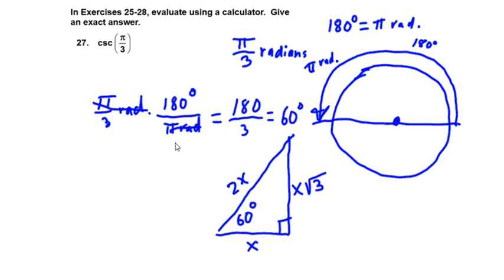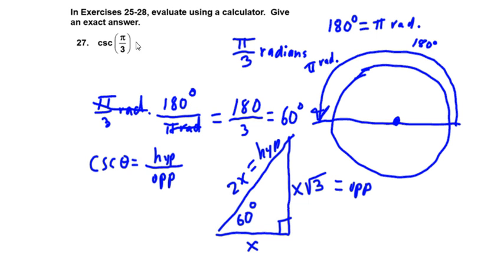Cosecant is a reciprocal of sine, so that's going to be hypotenuse over opposite. This x square root of 3 is our opposite side, and this 2x is our hypotenuse.